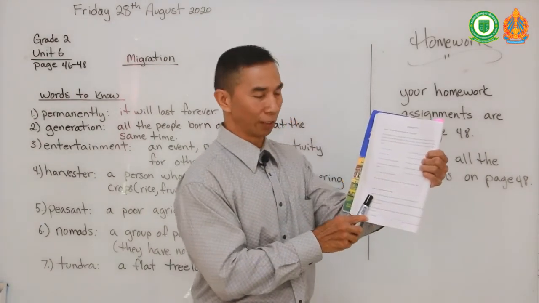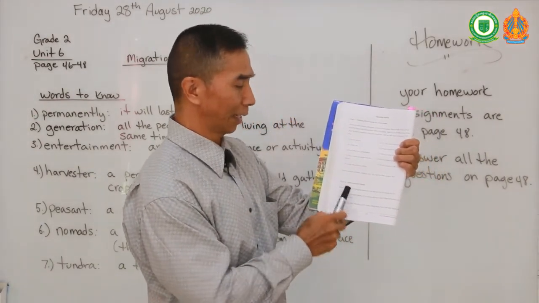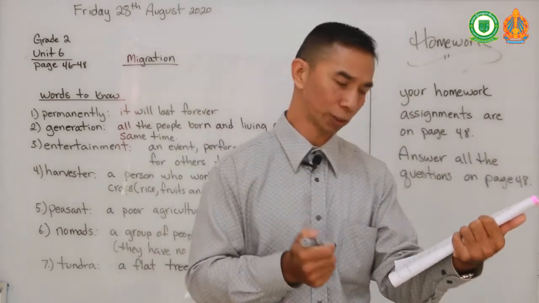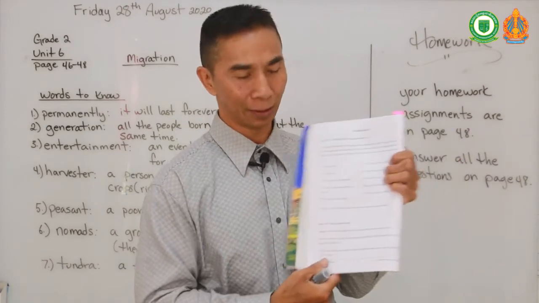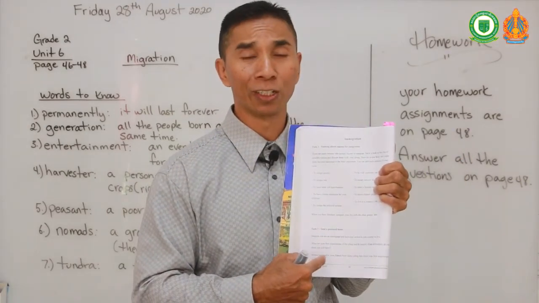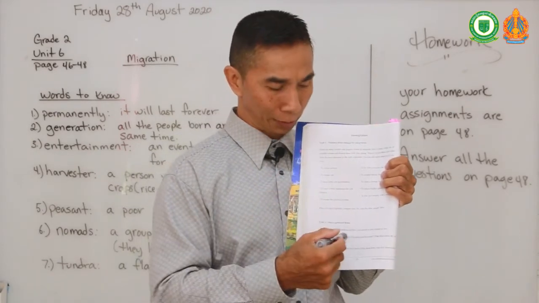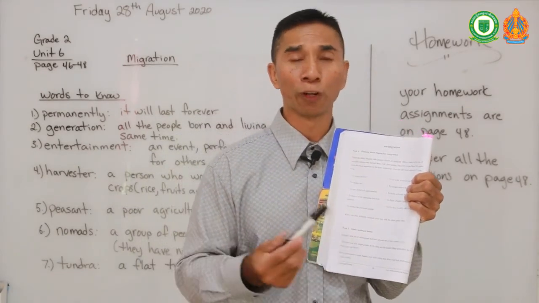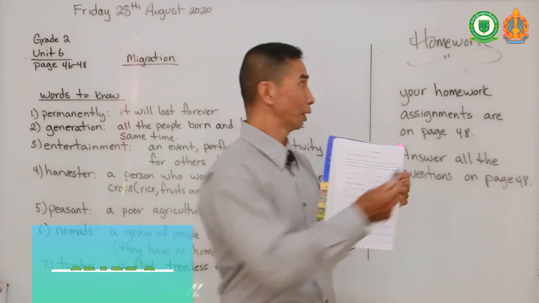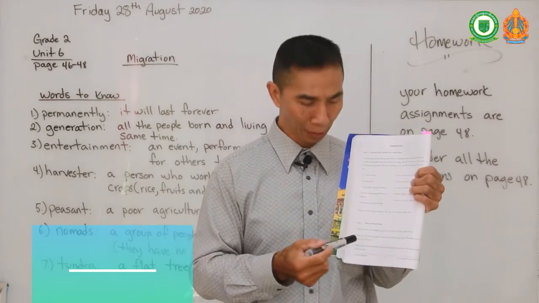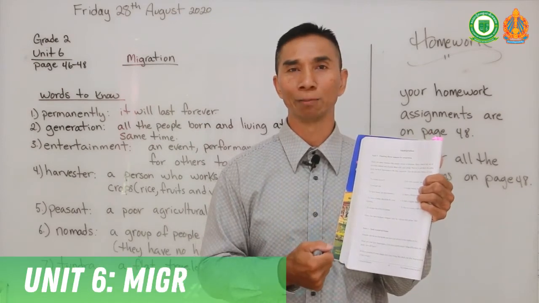The second part of the homework is a writing assignment. I want you to write a letter or a postcard back to your friends, about whatever country you are planning to go to, telling me about the country you are willing to go to. For example, if I were about to immigrate to Thailand, I would write a letter back to you telling you what Thailand is about.